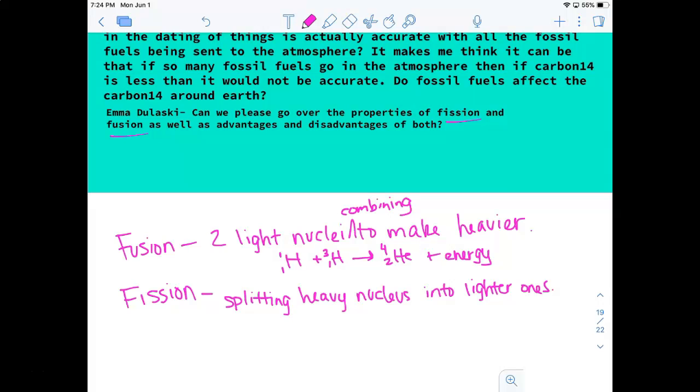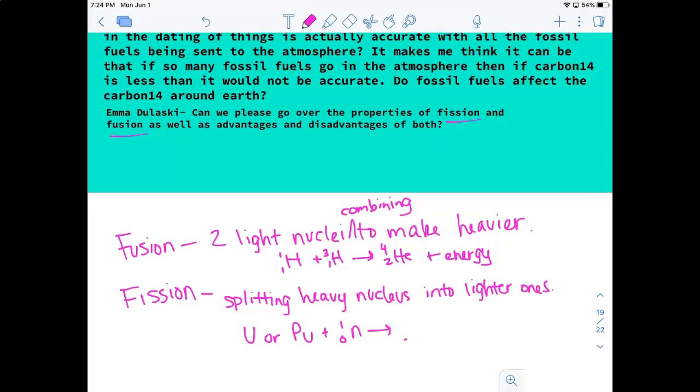So what a fission reaction is going to look like, either you're going to have a uranium or plutonium, those are two very heavy elements, plus a neutron. There's always going to be a neutron as a reactant. And what happens is that neutron bombards the uranium or the plutonium nucleus and forces it to split.